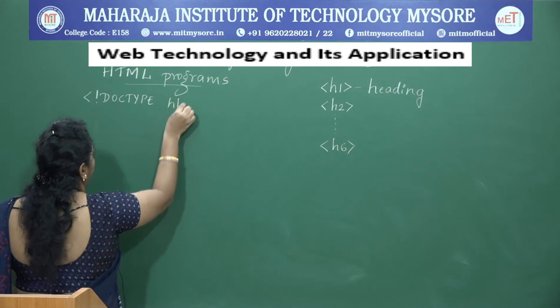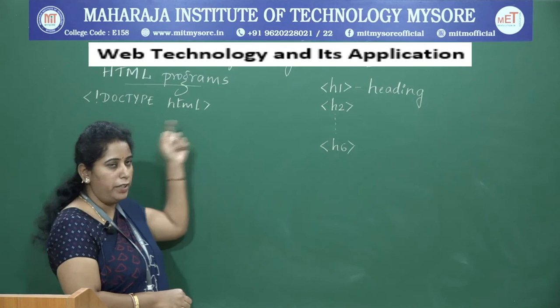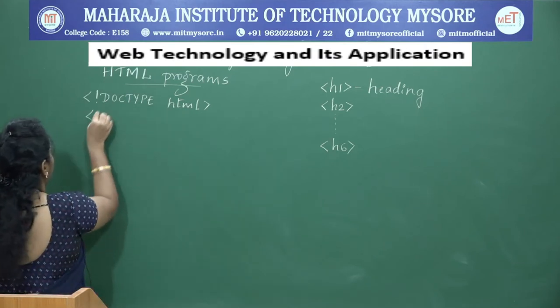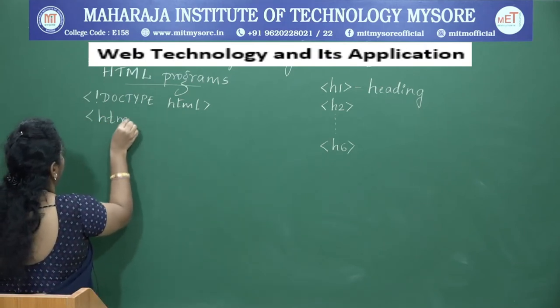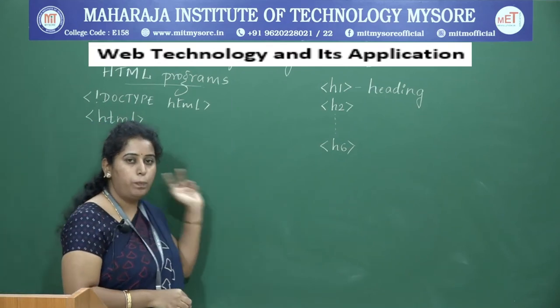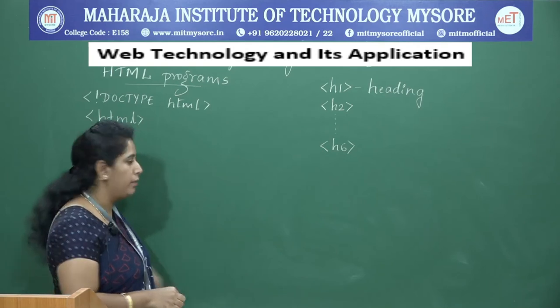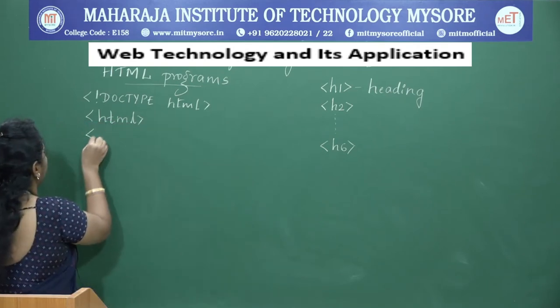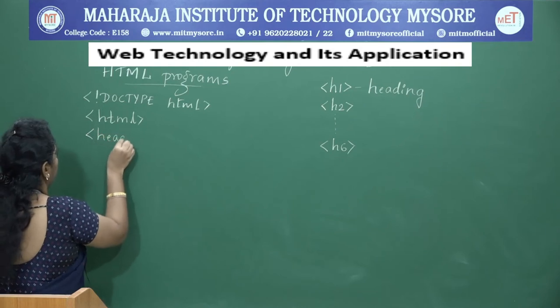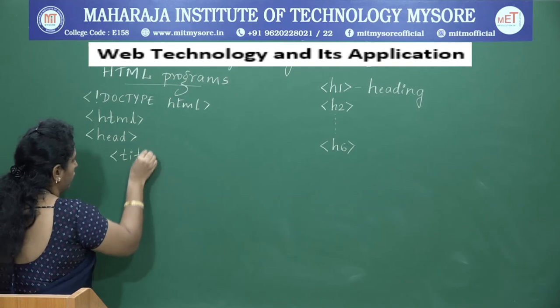Then HTML: this is an HTML document, and an HTML program has an HTML root tag. It has 2 parts, a head part and a body part. In the head part you can add a title.